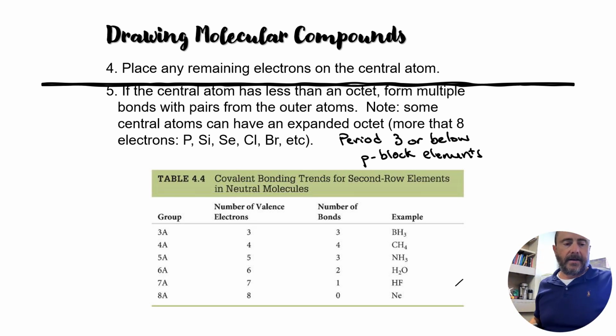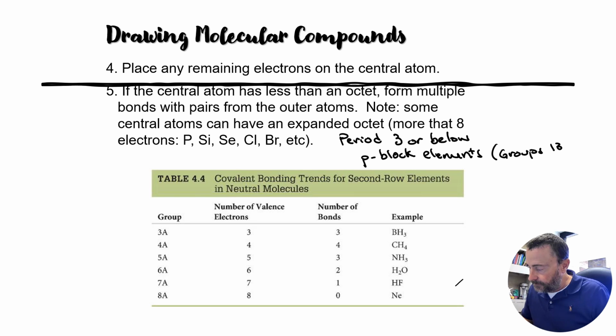They've got to be out there in order to be p block elements. So they can't be things like lithium or sodium. Those are s block elements. So they have to be basically groups 13 through 18 in order for those to occur.